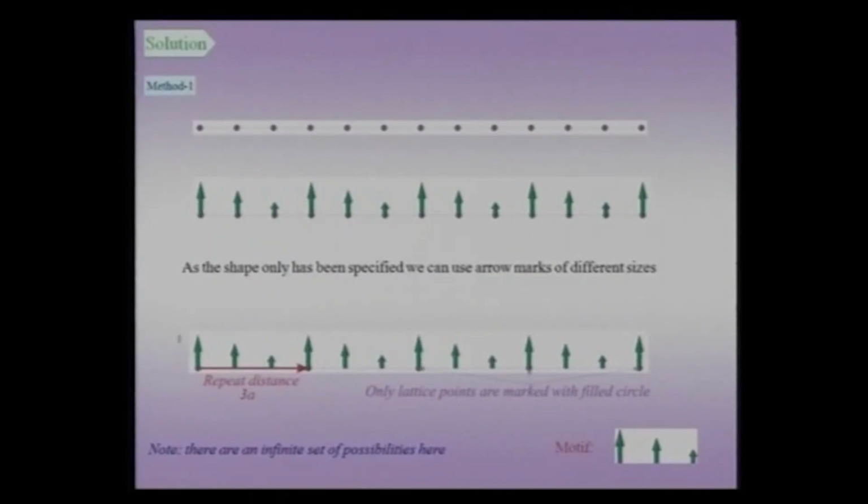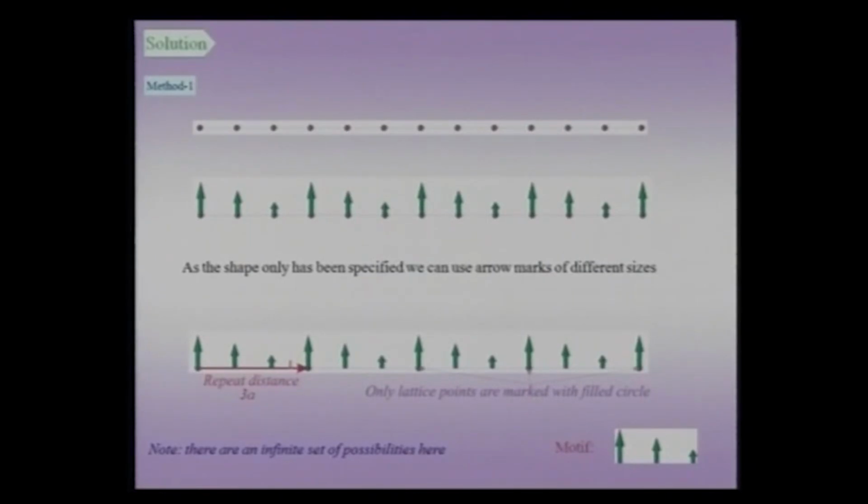So I have a crystal which is now repeating itself every third point. First there is a big arrow, then a medium arrow, then a small arrow, and then a big arrow again. So now I have made a crystal of lattice parameter 3A, which is what I wanted to do.